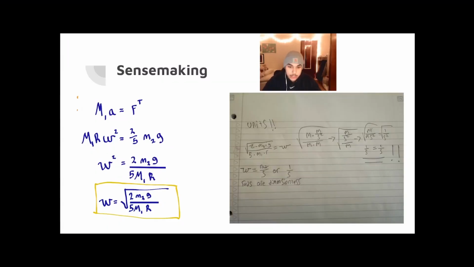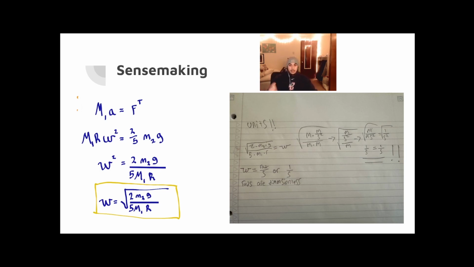Now that we found out our equation, it's time for the sense-making. So the first part of the sense-making I wanted to do was to check our units. So the units for omega are rads over seconds. But rads are dimensionless, so you can think of that as 1 over seconds.